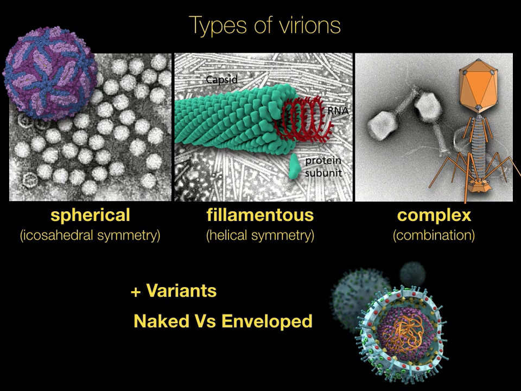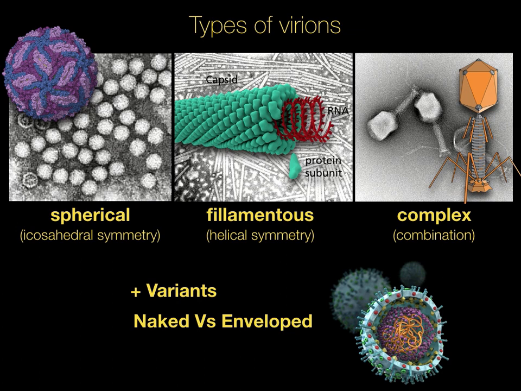Then we can find variants of these different ones. Like, for example, if we look at the head of this phage, it's not a sphere, it's not an icosahedron, it's slightly elongated, and that's because it has an additional feature that is going to give it that shape. I have here a really cool example as well.